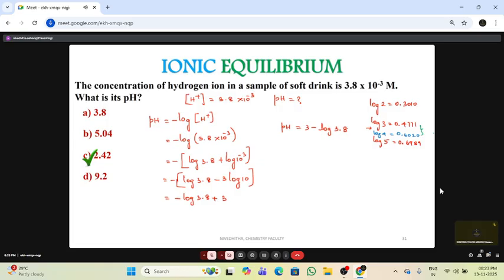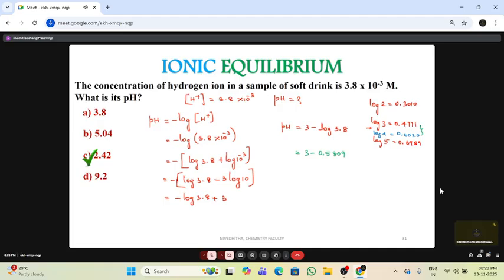3.8 means it is towards 4, right? So could you please tell me the appropriate value for log 3.8? Okay, Muthulakshmi's value, 0.5809. Okay. Now can you please calculate the pH?